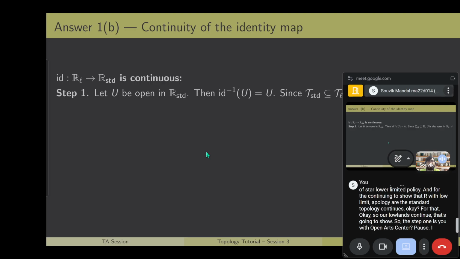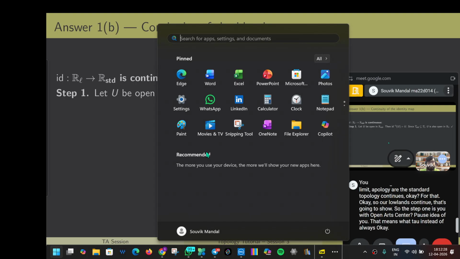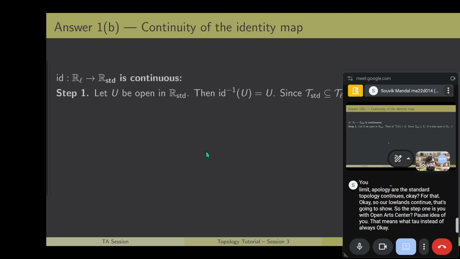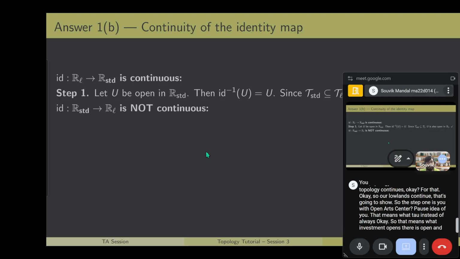So the identity inverse of U is U. That means tau with standard topology is a subset of tau with lower limit topology. So that means the inverse image of an open set is open in the domain. So that's why it's continuous.